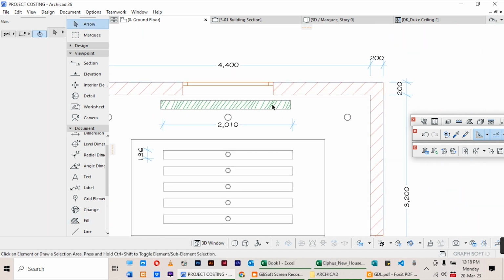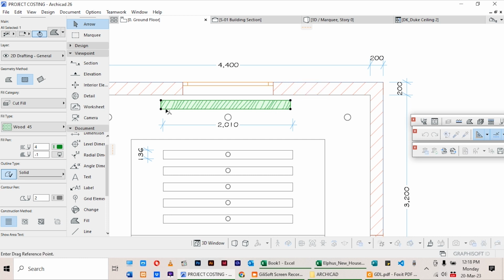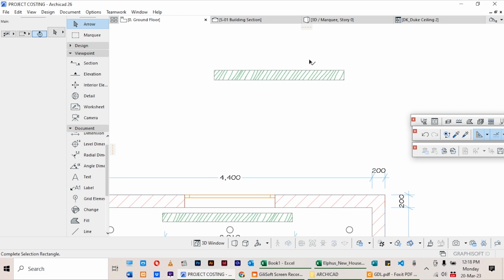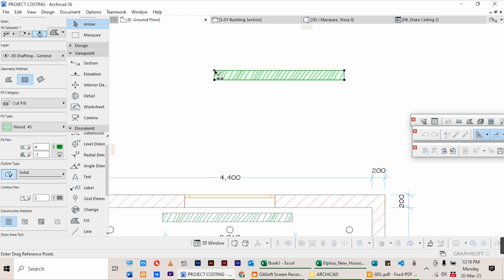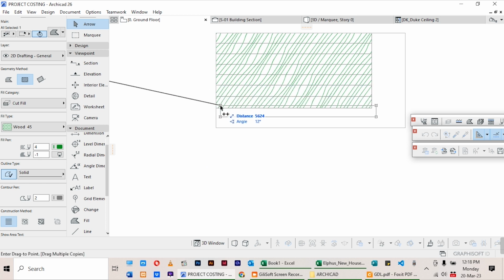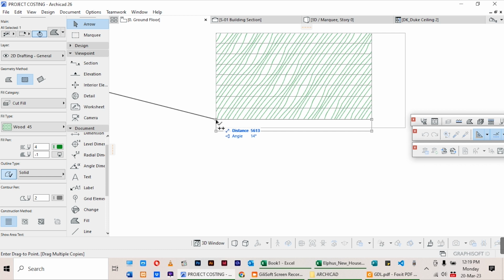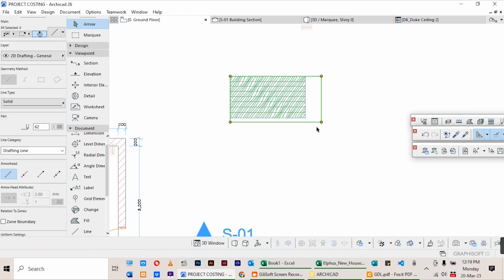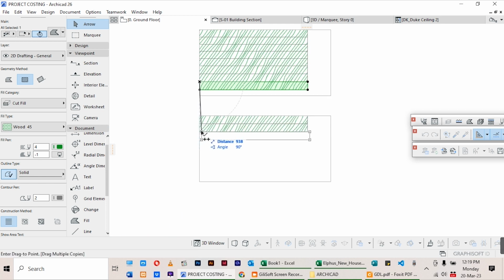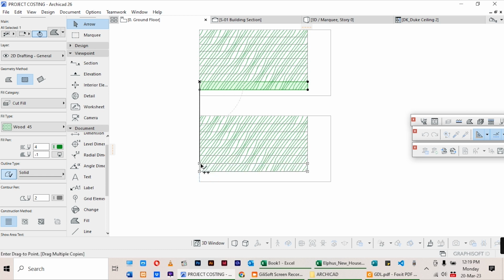So we need 10 verticals. 1, 2, 3. May not fit, so go to another board. We've done 3, we need 7 more. 1, 2, 3, 4, 5, 6, 7.